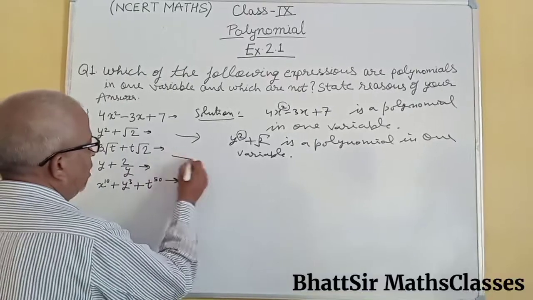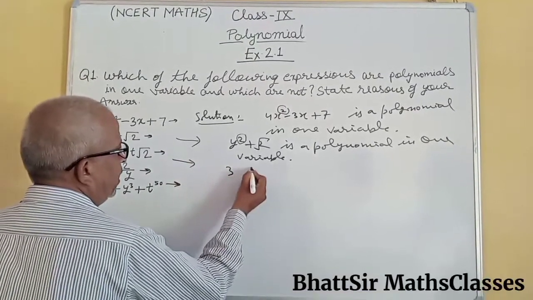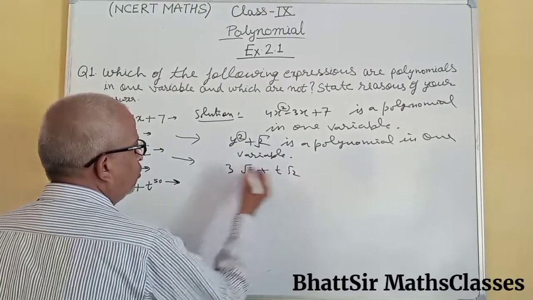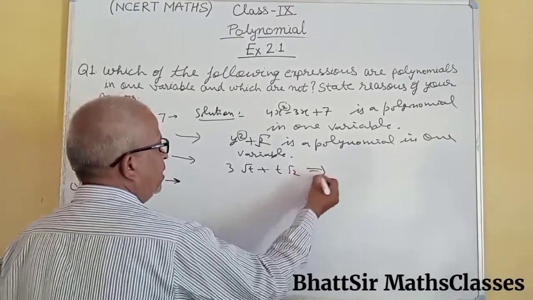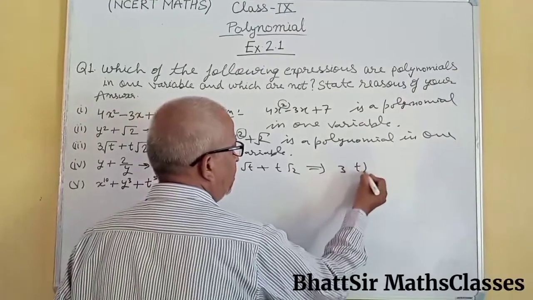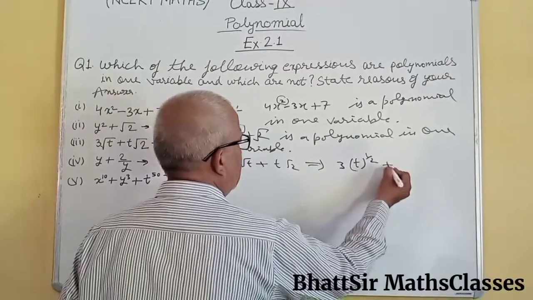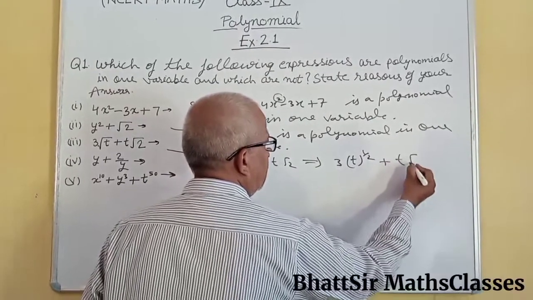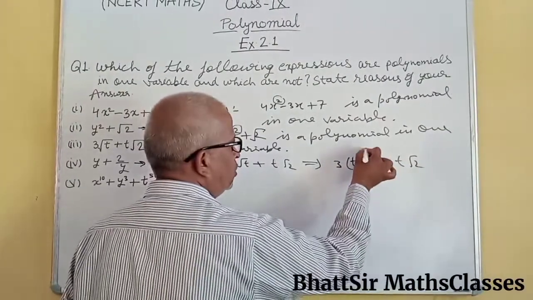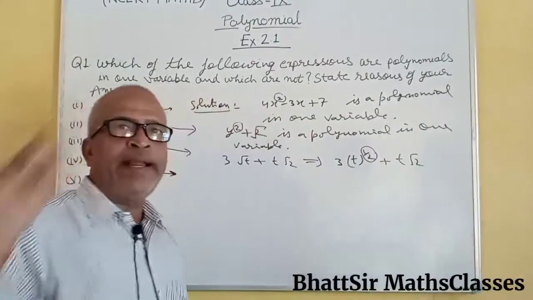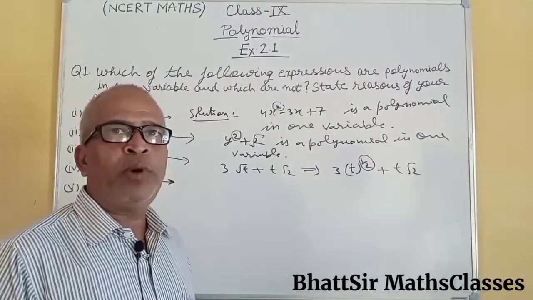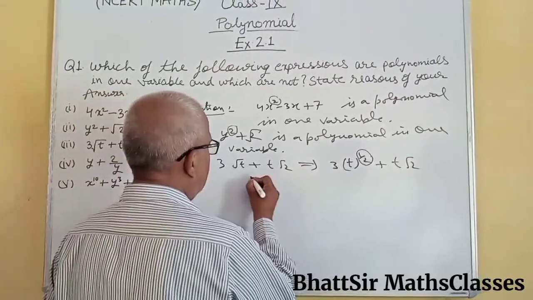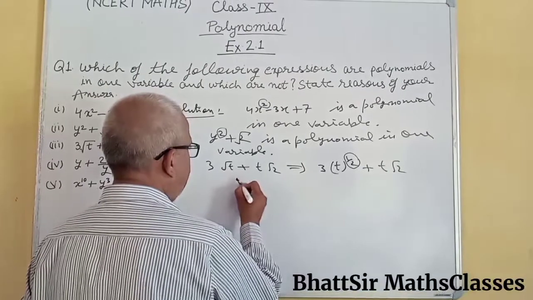I am attending the third part: 3 under root t plus t under root 2. We may write it in this manner: 3 t raised to power 1 by 2 plus t under root 2. So the power of the variable is not a whole number, so that is why we can say it is not a polynomial.